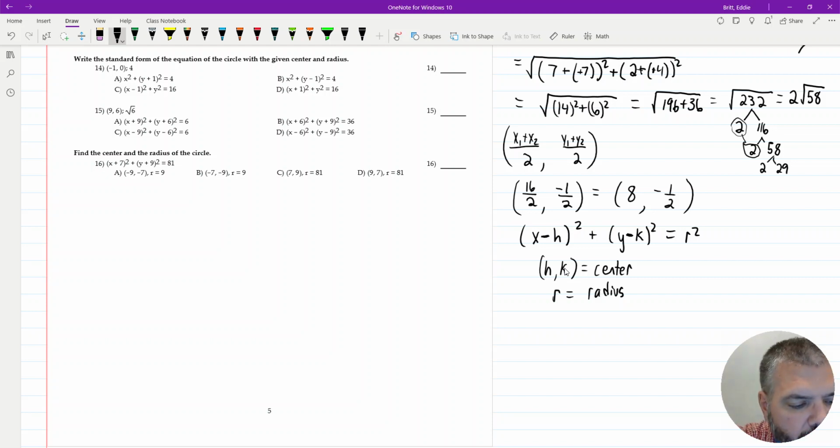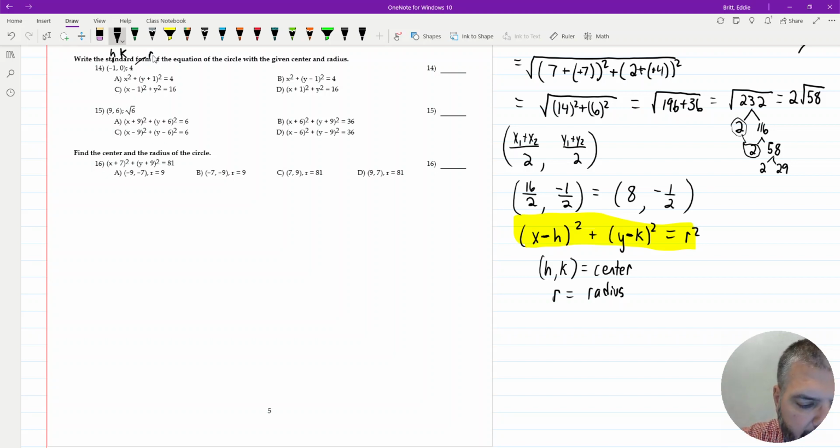So we have the center (-1, 0) and the radius 4. I'm going to use this formula right here, and my h is -1, my k is 0, and my r is 4.